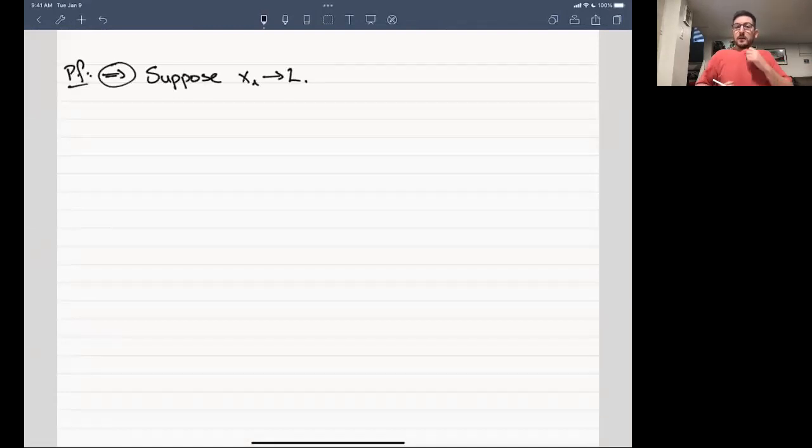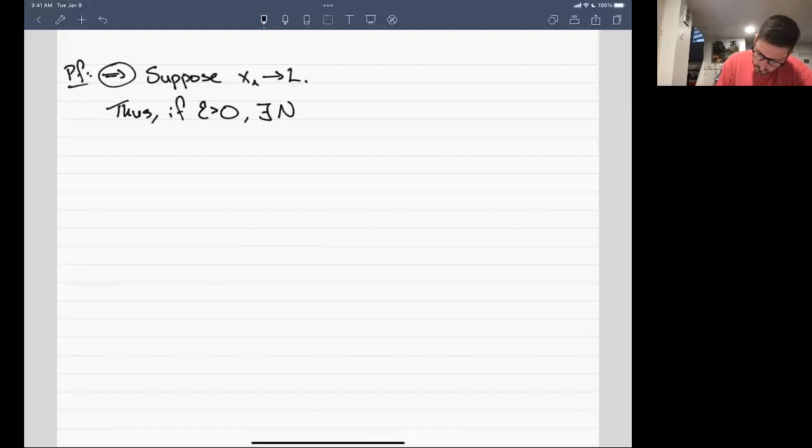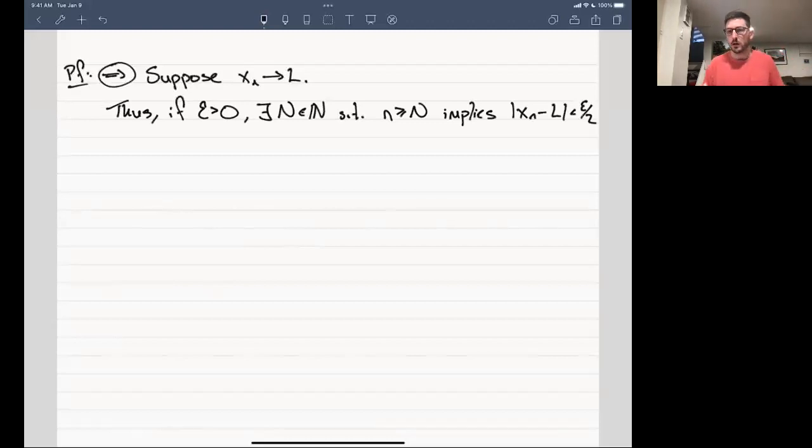We are going to show that the lim sup and the lim inf are both equal to L. So thus, if epsilon is greater than 0, there exists a natural number capital N such that n greater than or equal to N implies, so we're going to say, absolute value of Xn minus L is less than epsilon over 2. So we're going to use epsilon over 2 here. It's still a positive number. This is perfectly valid.